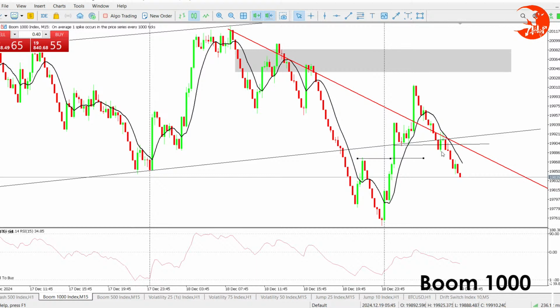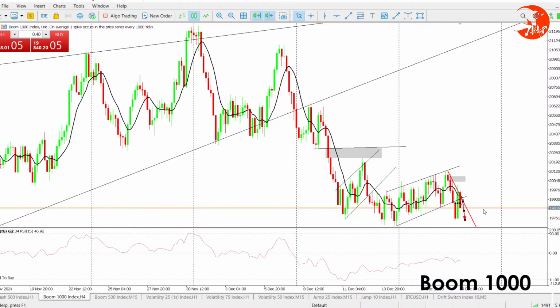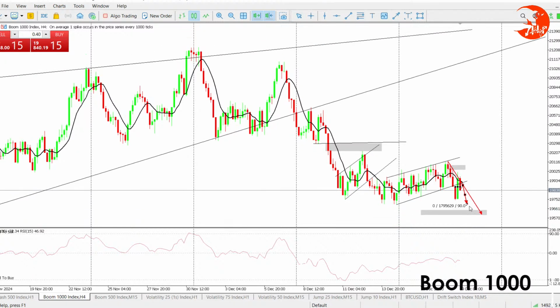The first breakout was a fake breakout, then later on it broke out perfectly. So all we can now wait for is the pullback. Once we have that kind of pullback, then we can make our entries to reach our target, to reach our TP level that we are looking for, this exact TP level.